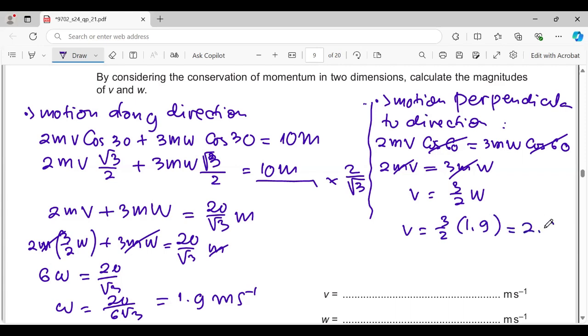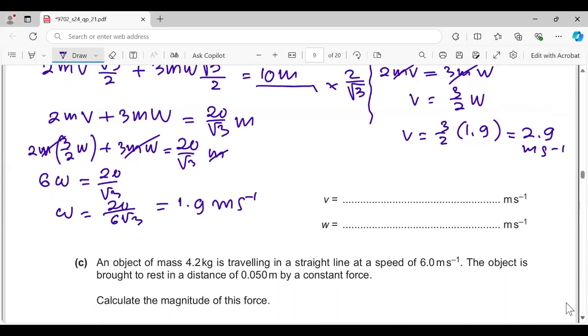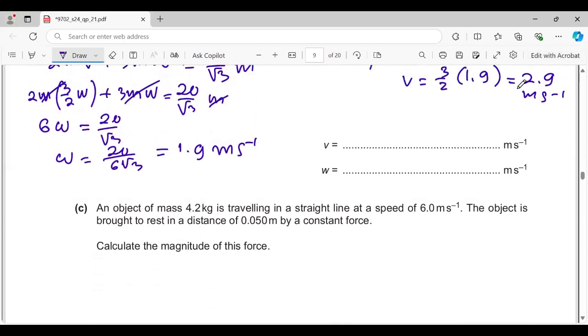It is 2.9 meter per second. So, okay. V equals 2.9 meter per second, while W equals 1.9 meters per second.